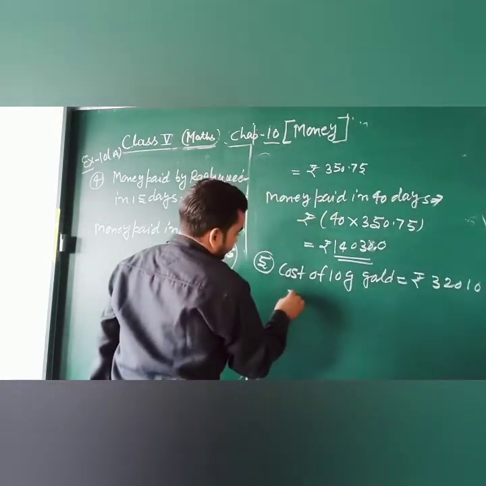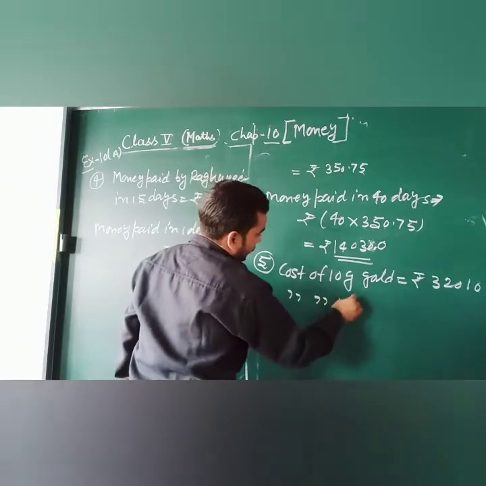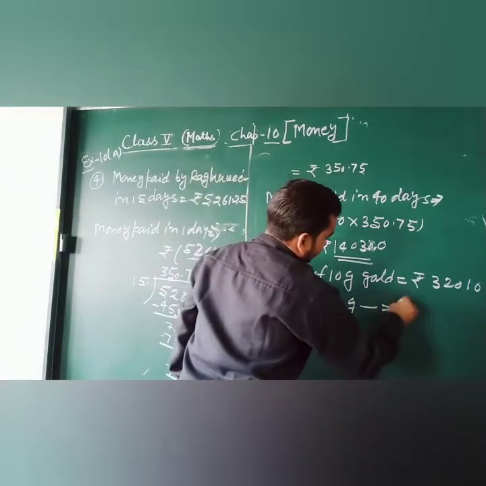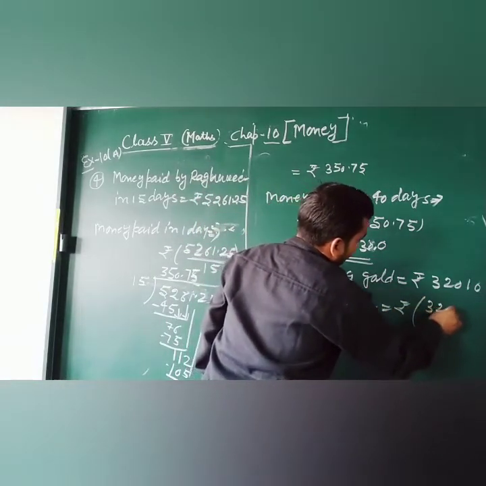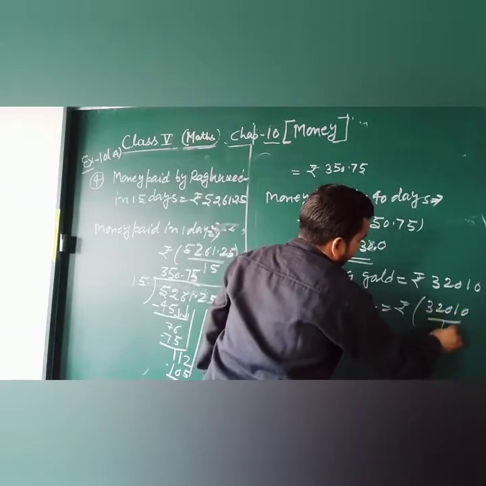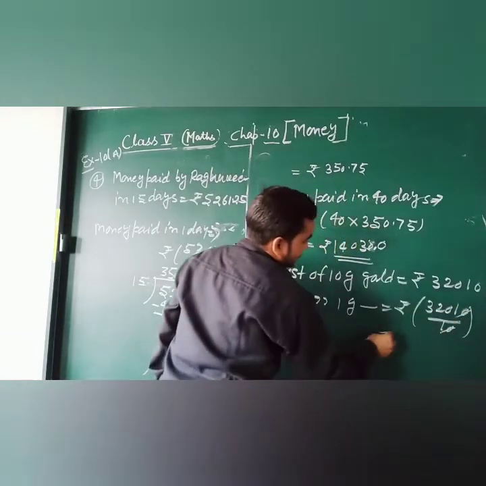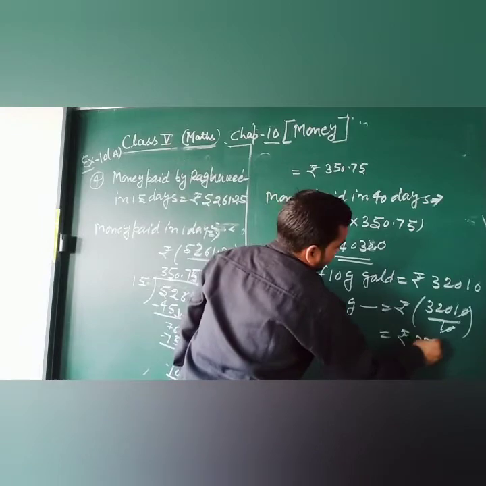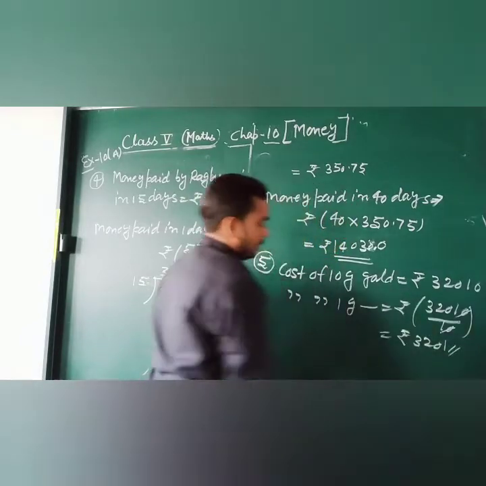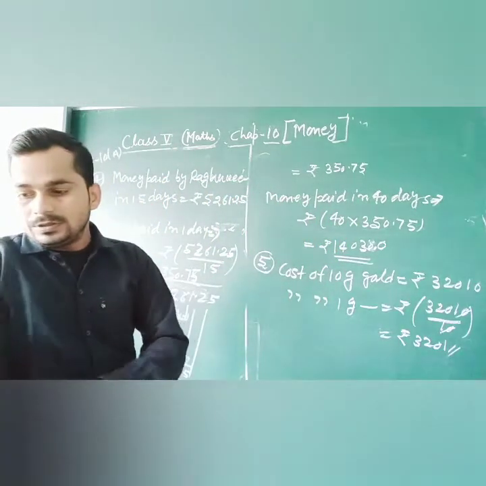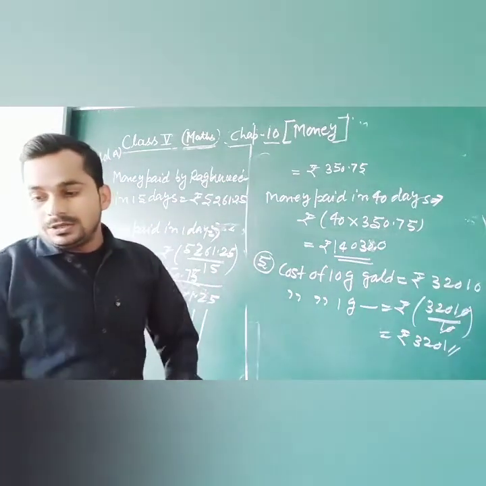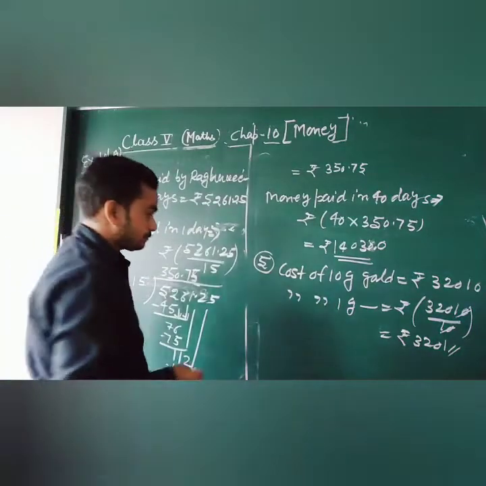So cost of 1 gram gold equal 32,010 divided by 10 equals 3,201. The cost of 1 gram gold. But he wants to buy 8 gram.